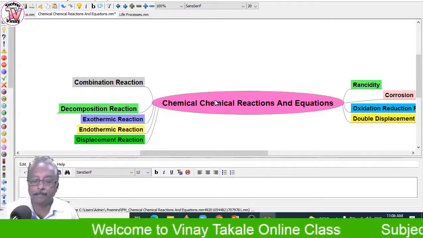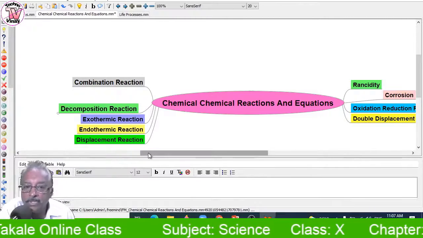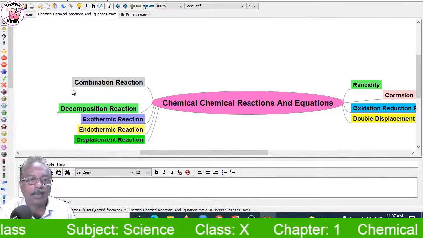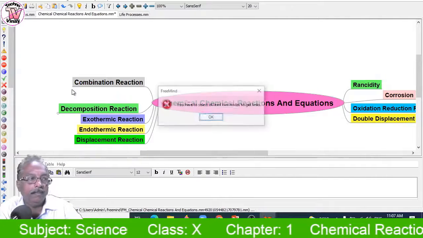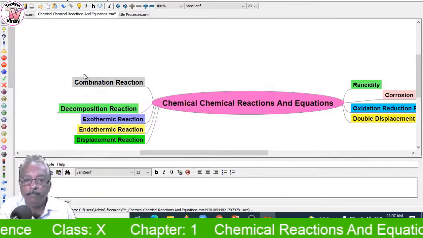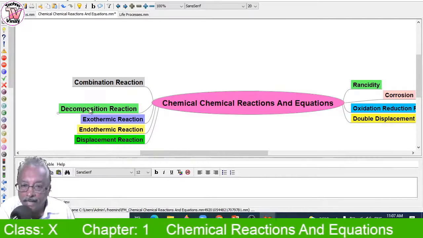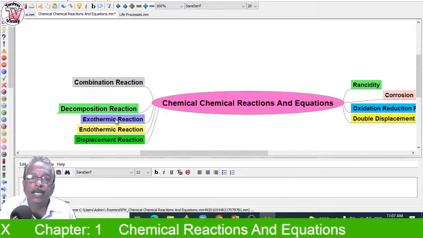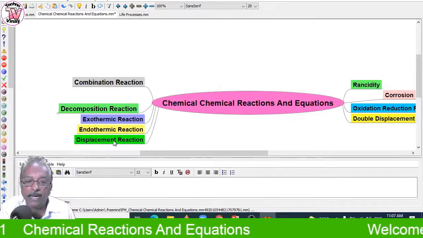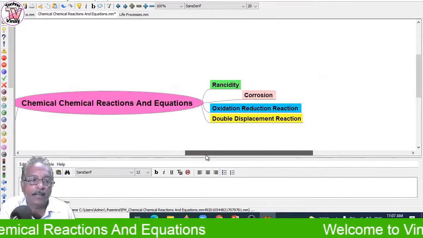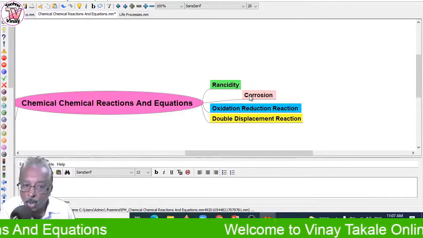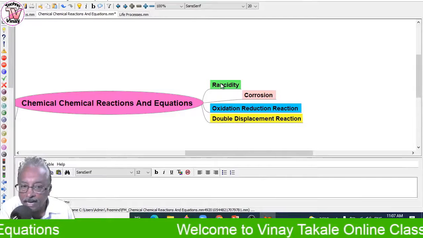We are going to study different types of reactions. That is combination reaction, decomposition reaction, exothermic reaction, endothermic reaction, displacement reaction, then double displacement reaction, oxidation reduction, corrosion, and finally rancidity.